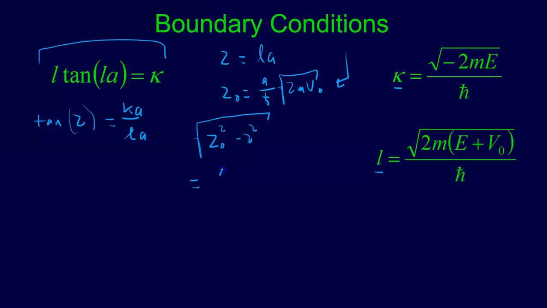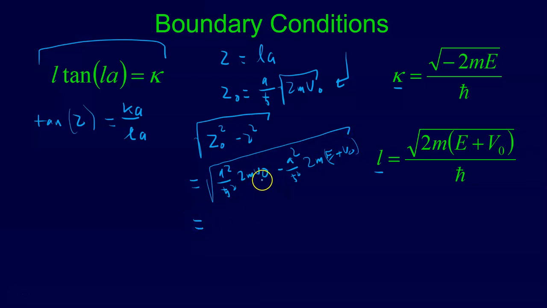So what does that give us? Well, that gives us a squared over h bar squared 2m0 V0, and then minus this z squared, which again is L times a. So it's this thing times a. So I get again a squared over h bar squared, and then when I square this I get 2m(E plus V0). All of this is under a square root sign.